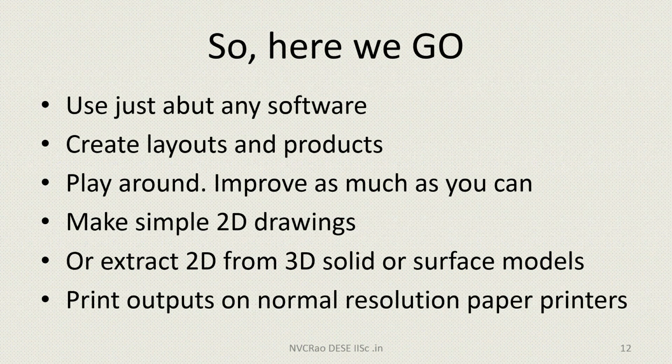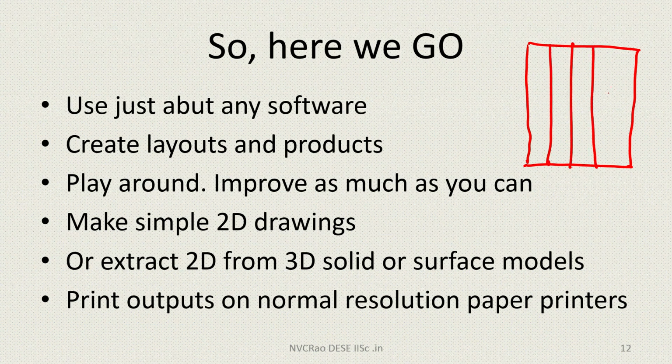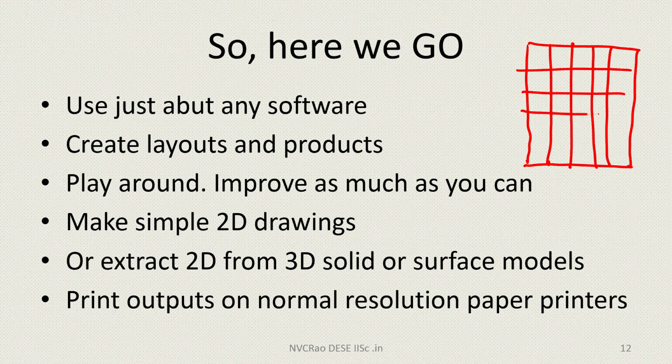So, make something which you can split into equal parts, make a grid. With 25 mm we can get 6 of them. If you make a 6 by 6, 36-cell grid, you get a 150 mm square.